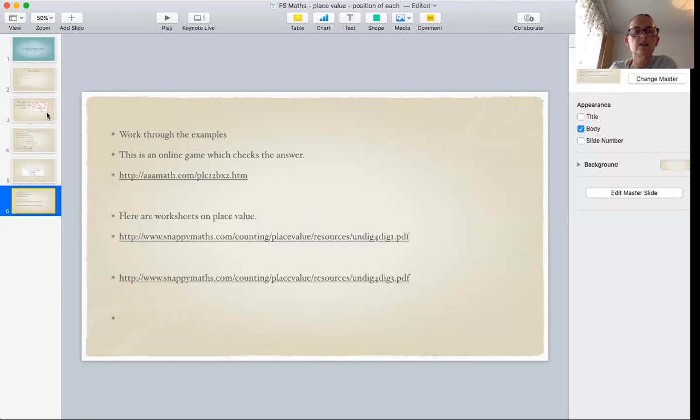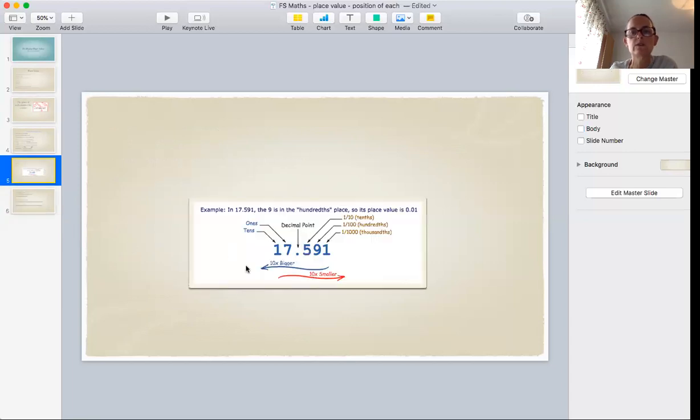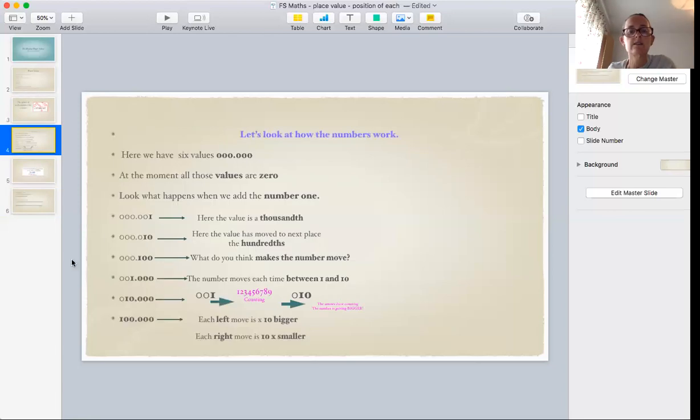So this exercise on place value and what the numbers are doing will really strengthen when you do your practice questions on weights, measures, areas, etc. So if you have to convert between centimeters and meters, or kilograms and grams, then if you understand what's happening with your decimal place, and you know you've got to convert everything into grams or centimeters, it's going to help you get the right answer and understand what your decimal place is doing.